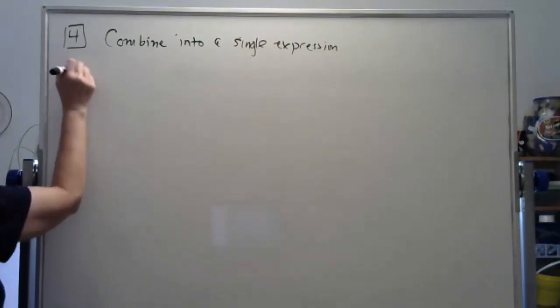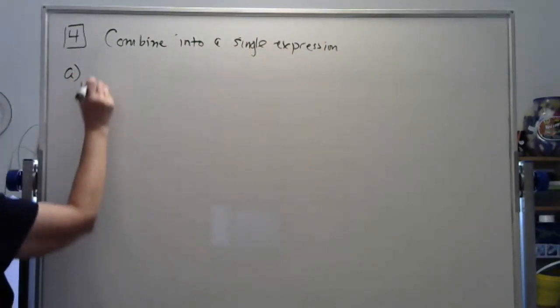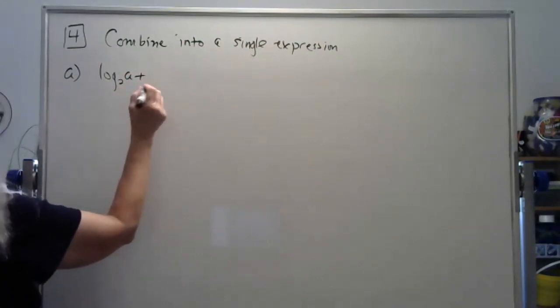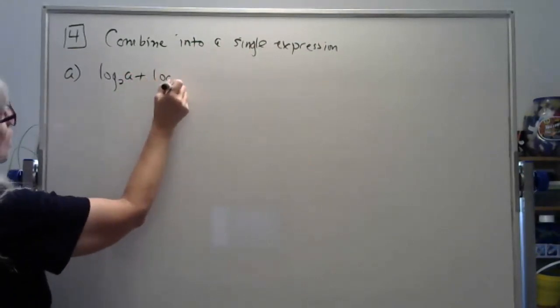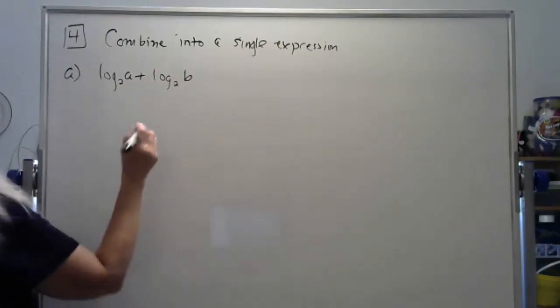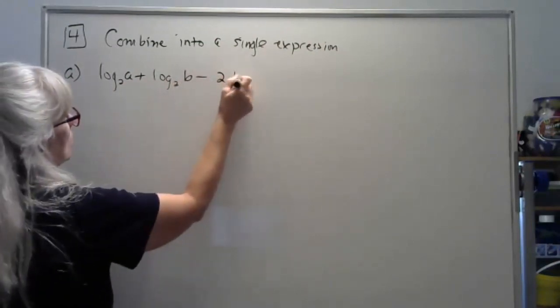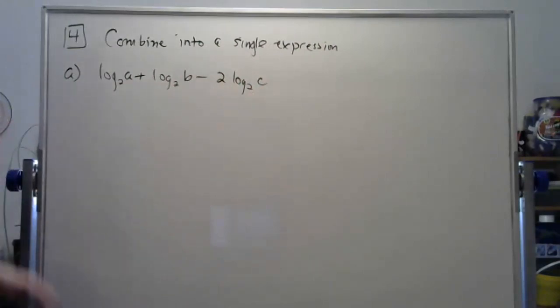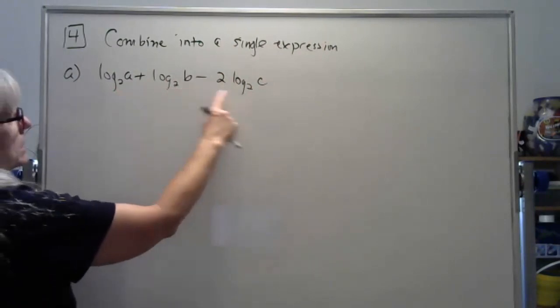So part A, and this is what takes a while to write out, we have log base 2 of A plus log base 2 of B minus 2 log base 2 of C. Now, in order to do these problems, all the logarithms have to have the same base. So these guys are all base 2.